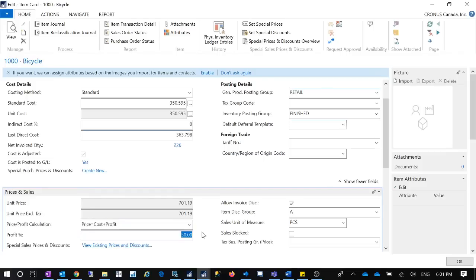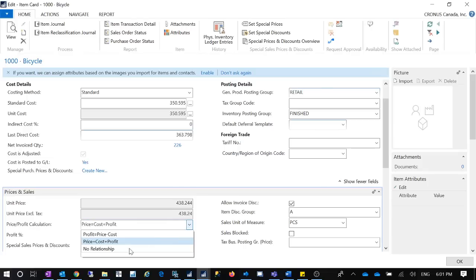If I change it to 20%, it's calculated accordingly. But the price on the left-hand side of the formula is non-editable. In their version, NAV 2009, you can change the unit price, but if you change it to something else, it will turn back to the original value.